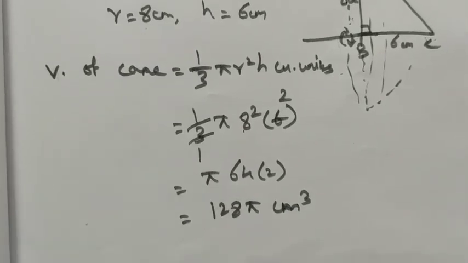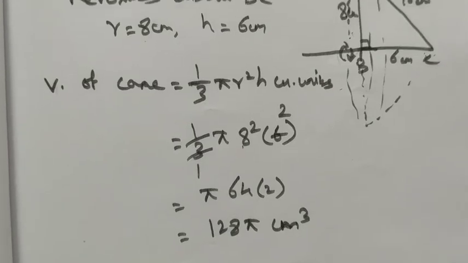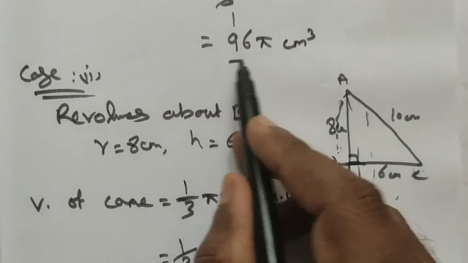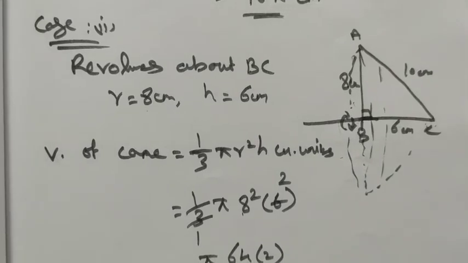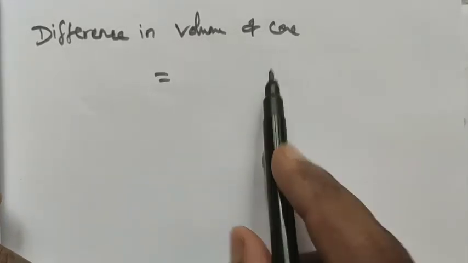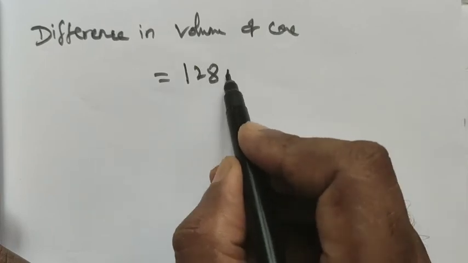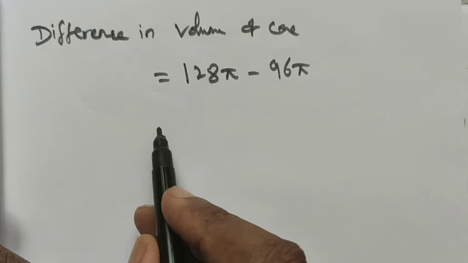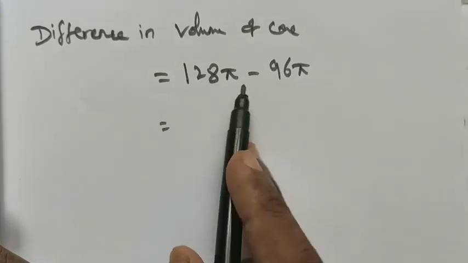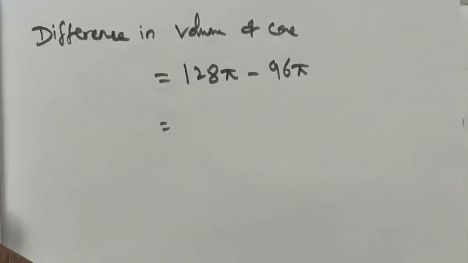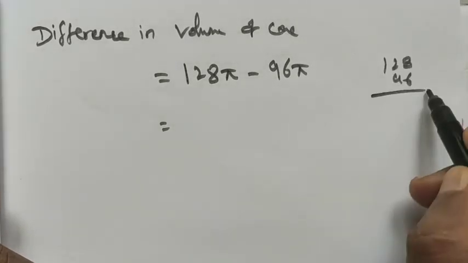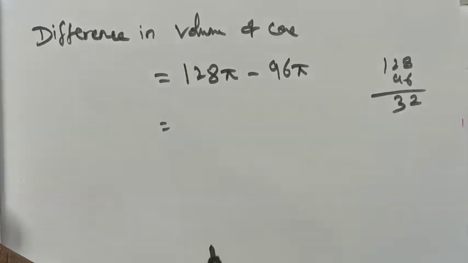So we want to find the difference in these volumes. One is 128 pi, another one is 96 pi. Subtract this, pi is taken out commonly. 128 minus 96 is 32. 32 pi is the answer.